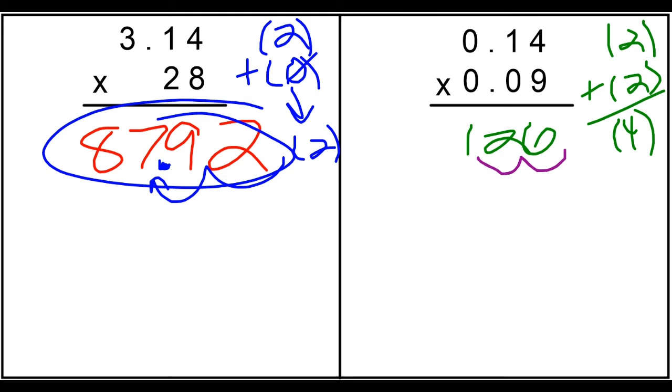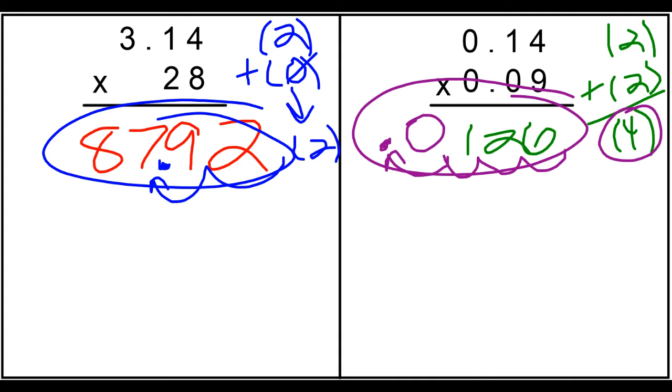We move 1, 2, 3, and then we have to move 1 more place because it says we move 4, so we have to place a 0 because we've run out of digits and we need to move 4 over in order to have the correct number of decimal places in our product. This is 0.0126. If you run out of digits before you've reached the number of places you move, you have to add some zeros on the left.